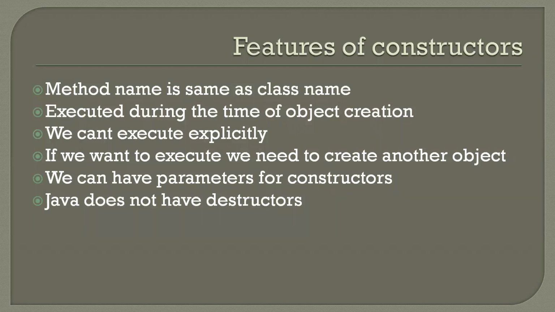But in case of C++, they don't support the concept of garbage collection, that is why we need to have destructors, right? So C++ has constructors and destructors, but in Java we only have constructors. There is no need of destructors here. That is why Java does not have destructors, right? That is the meaning of the last point.